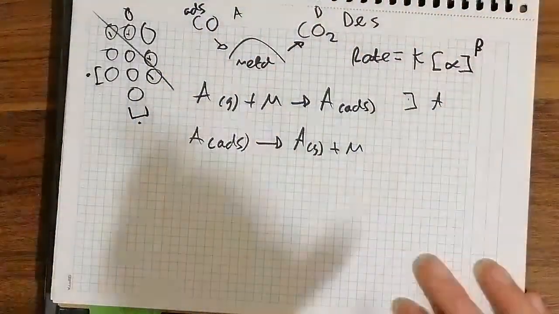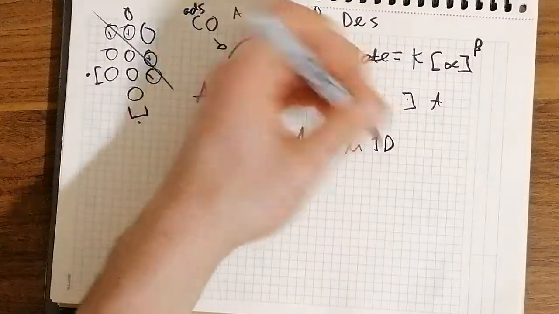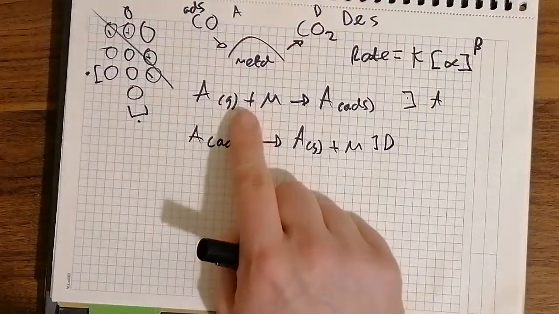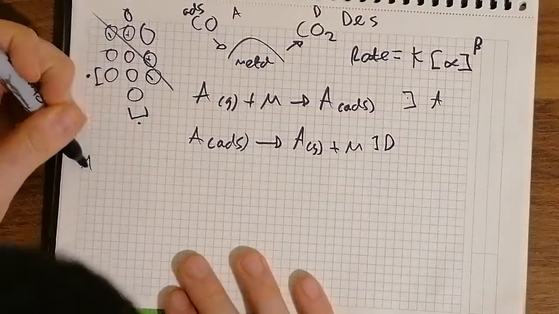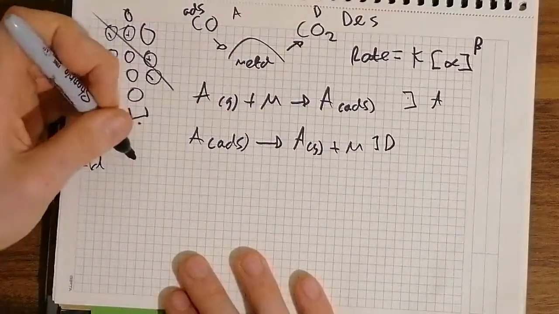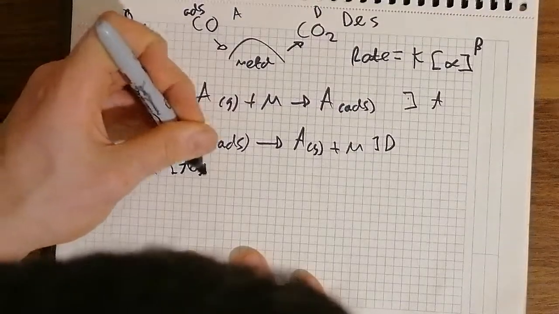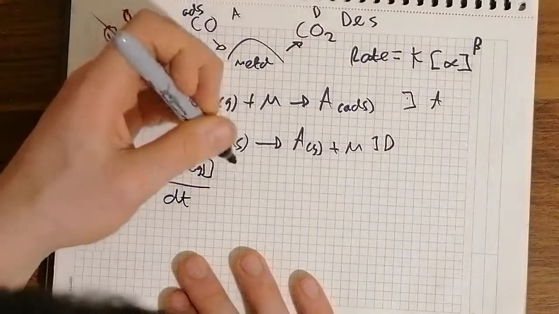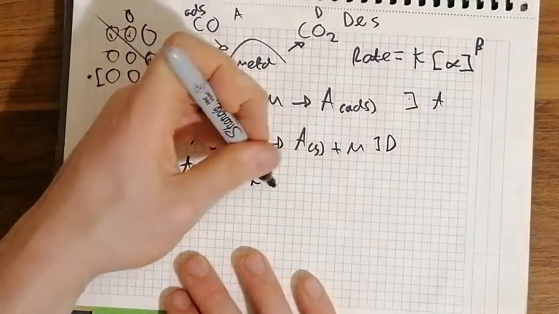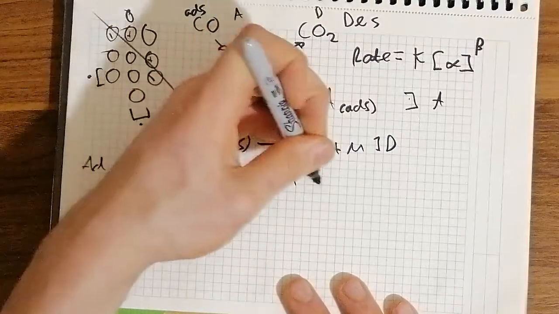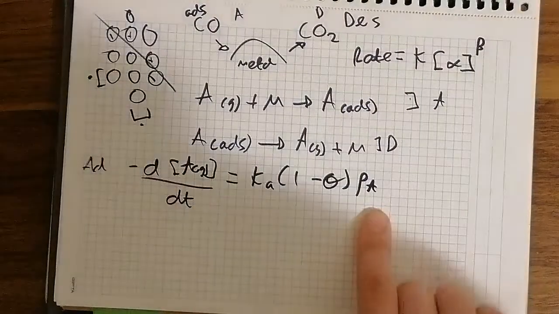If we talk about the rate equation of A, so A for adsorption, the rate is going to equal minus d of the gas, which equals the constant for the adsorption, so Ka, times 1 minus theta, times Pa. Pa, you've seen that before, partial pressure.